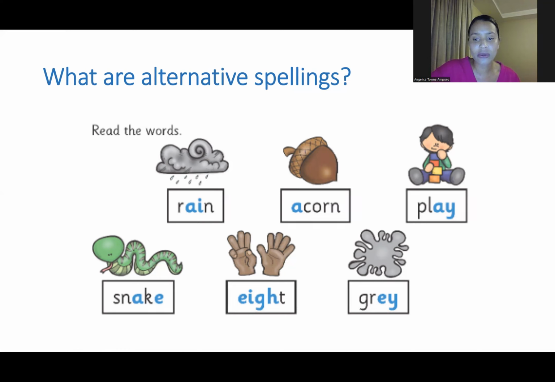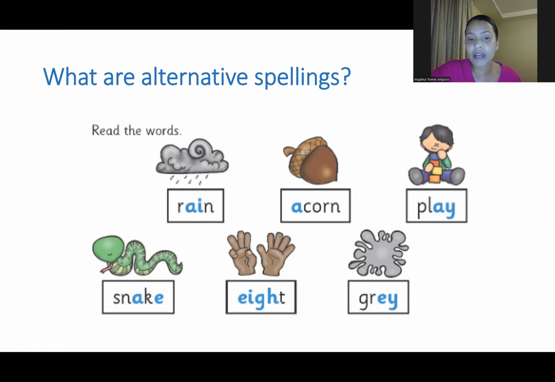Rain, acorn, play, snake, ate, gray. Well, the sound they're making is the sound A. Those are all spelling the sound A.